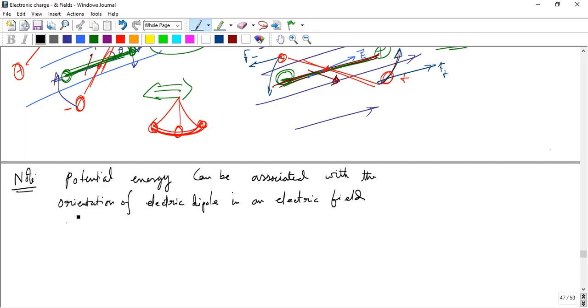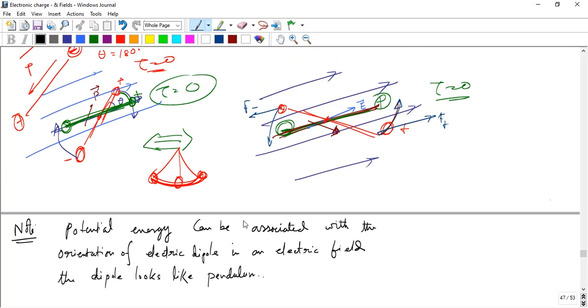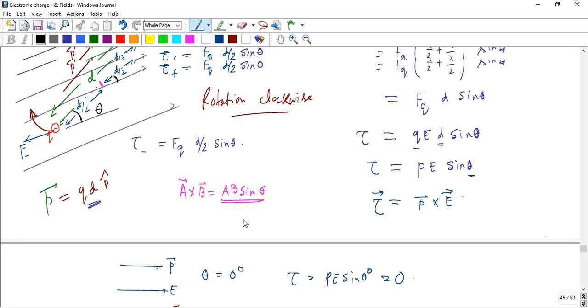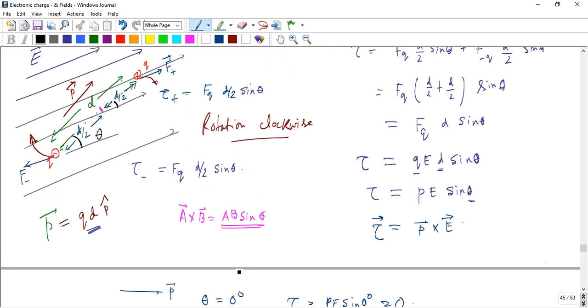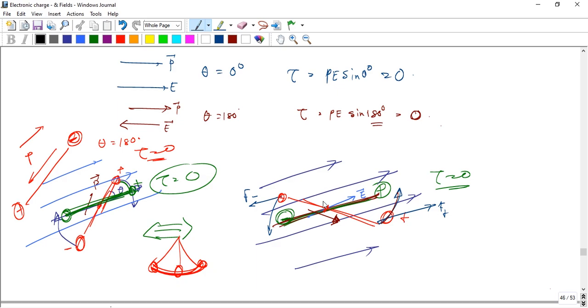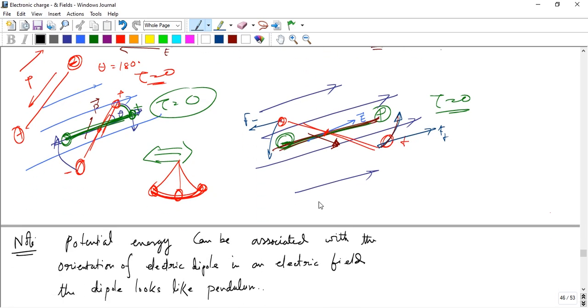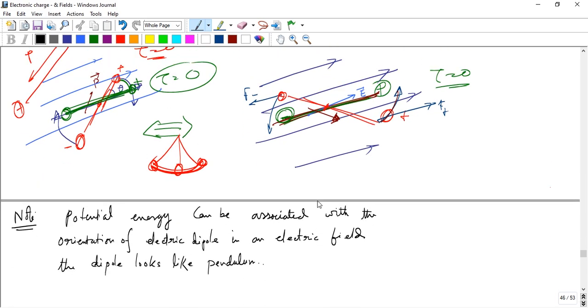The dipole looks like a pendulum, with to and fro motion.